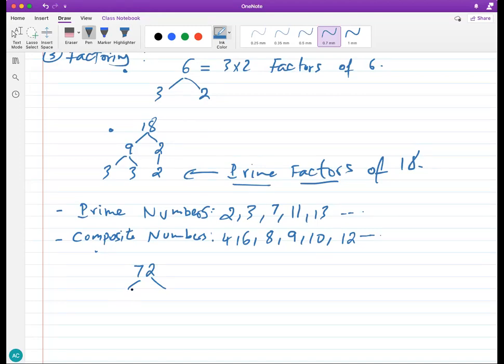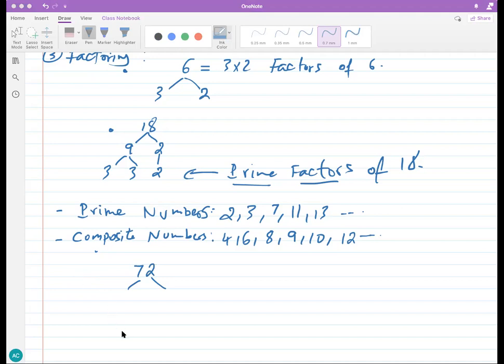7 and 8? No. 7 and 9? No. 9 and 8. That's right, it would be 9 and 8.